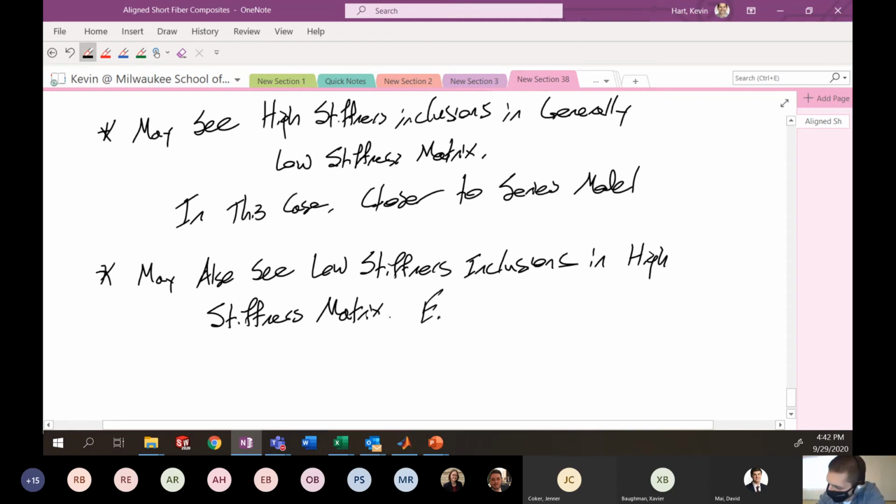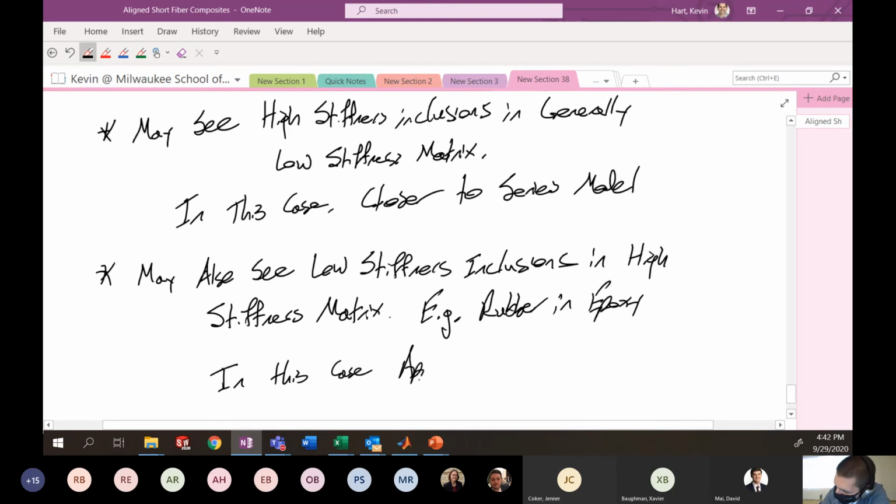So, rubber and epoxy. In this case, the property is governed by parallel models.